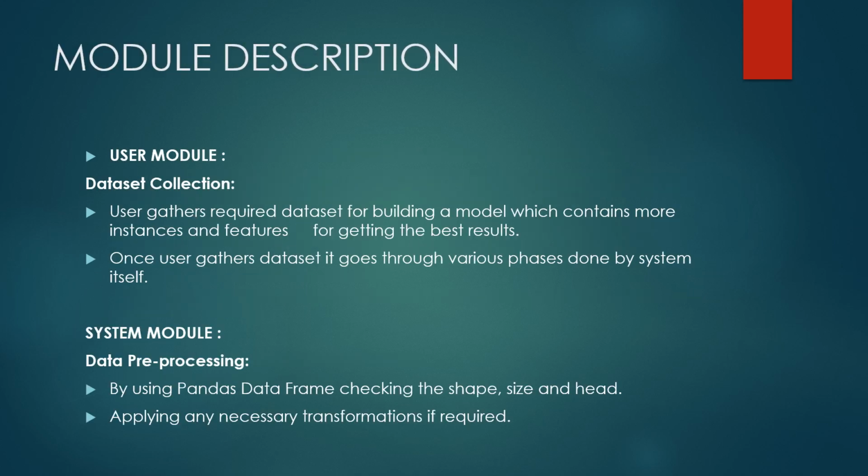Here comes the module description. User module, dataset collection: it gathers all the datasets for building a model and contains many instances and features. The system model consists of data pre-processing using the pandas module, data frame checking the shape, size, or head, and applying any necessary transformations if required.